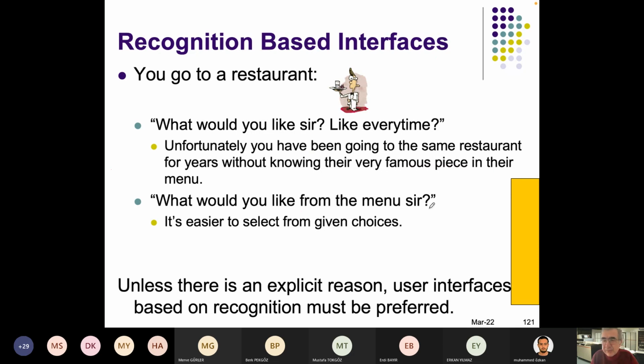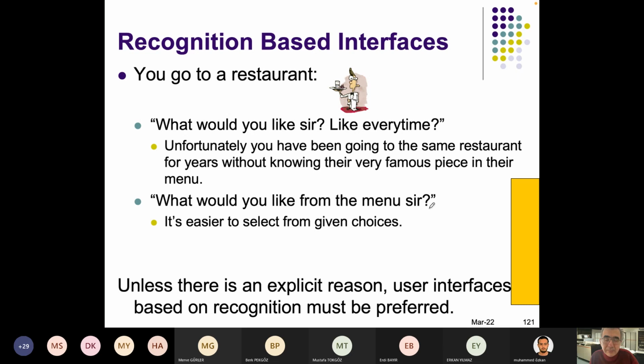When you go to the restaurant, the waiter comes, what would you like to have, sir? Like every time. Okay, every time. Unfortunately, you have been going to the same restaurant for years without knowing their famous item in their menu.